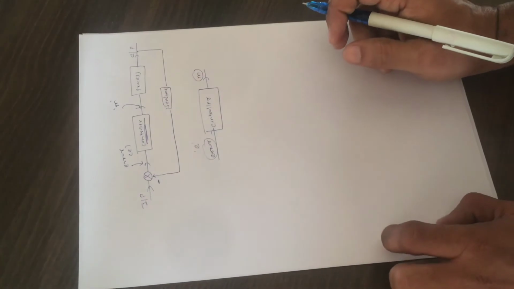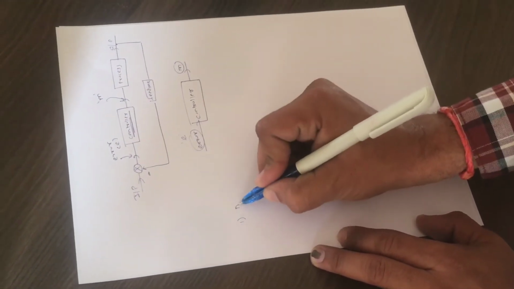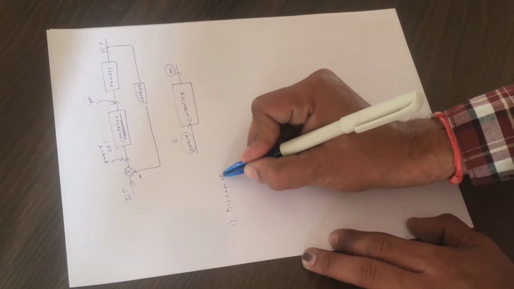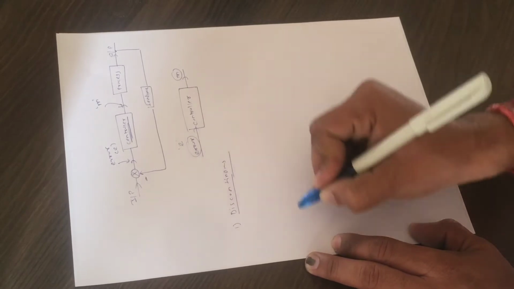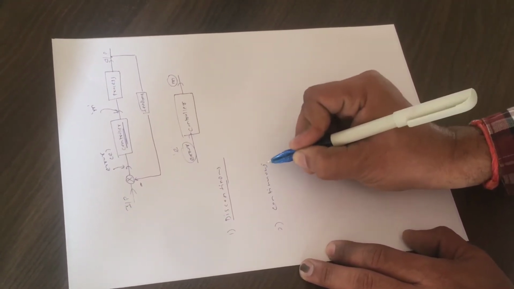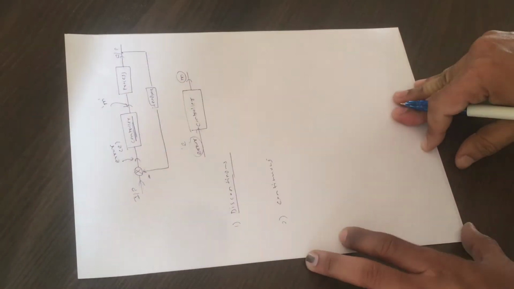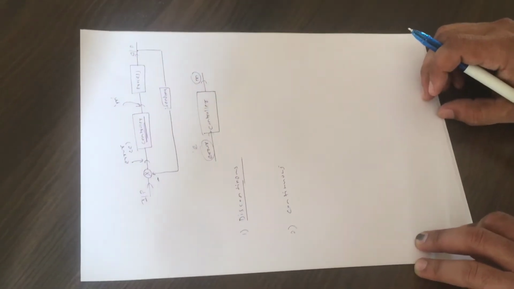I have talked about this previously. The first one is the discontinuous mode of control, and the second one is the continuous mode of control. And as already said, it is a relation between the error input and the controller output M.